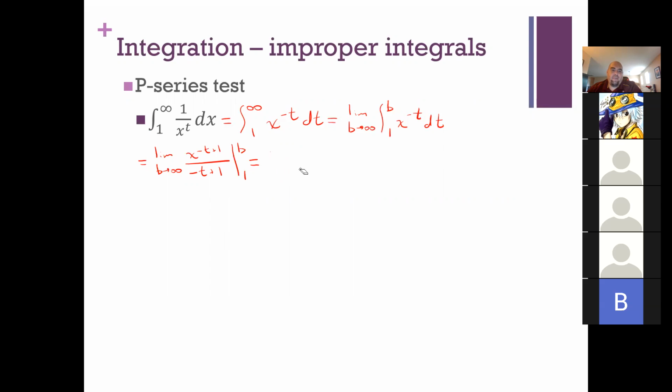One thing I can do, though: remember this limit is all about b. As far as I'm concerned, t is a constant. So I'm going to pull that out. So 1 over negative t plus 1 times the limit as b approaches infinity of x to the negative t plus 1, and I'm evaluating this still from 1 to b.